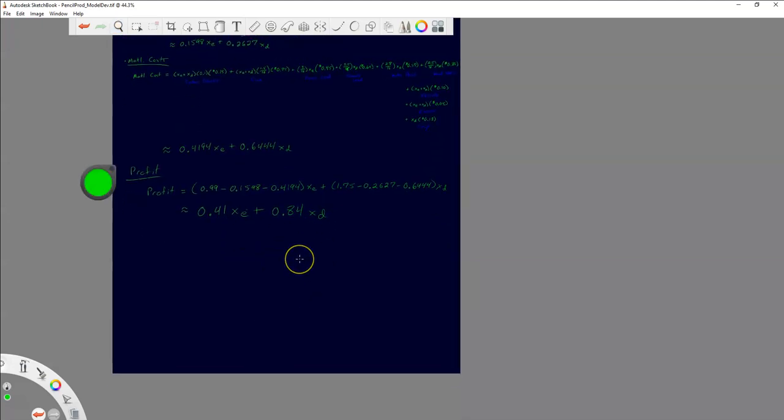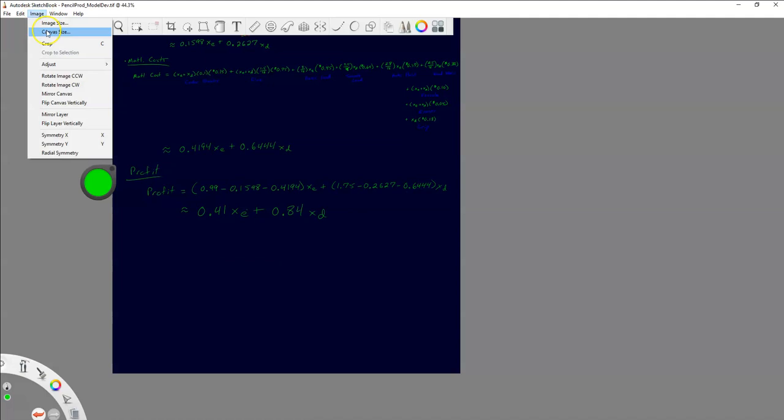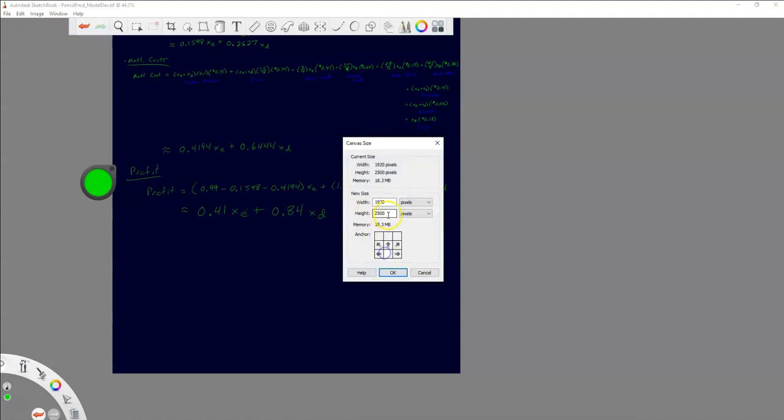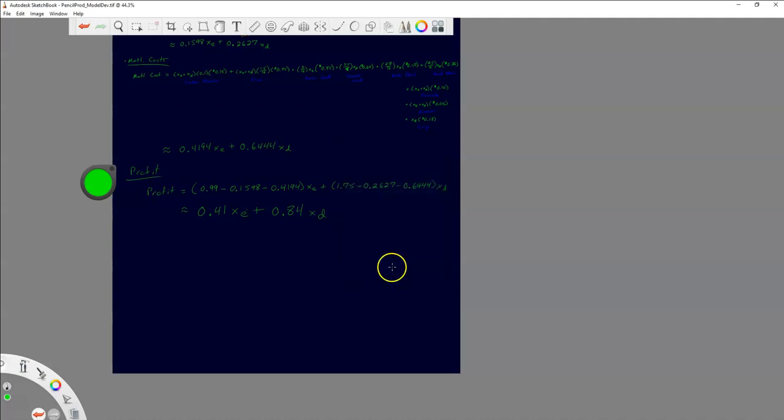Alright, so now we need to move on to actually writing the bulk of our linear program. And before I do that, I'm going to increase the size of this just a little bit. Give me 1 second.